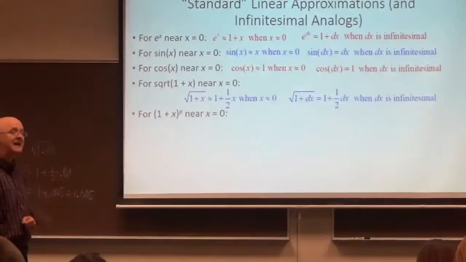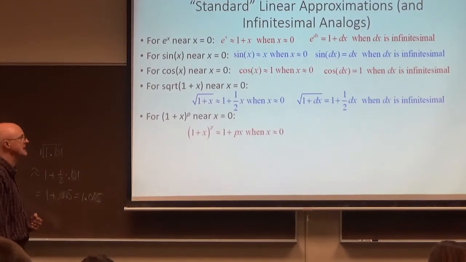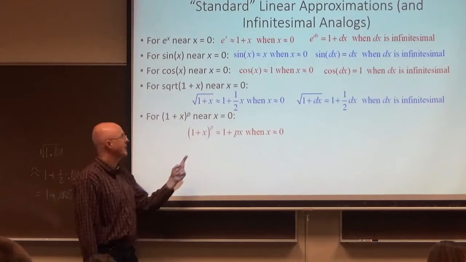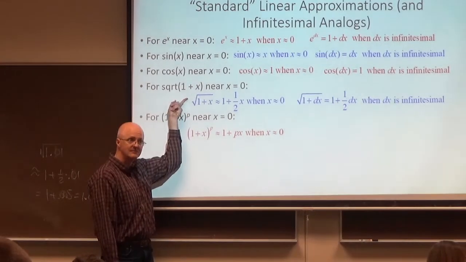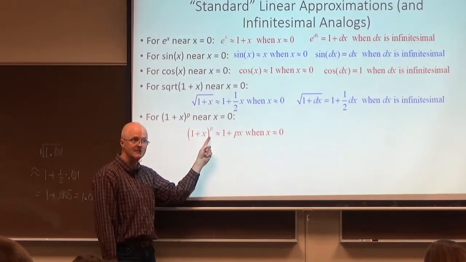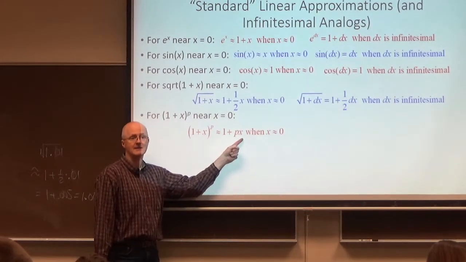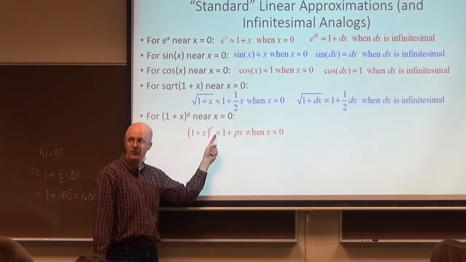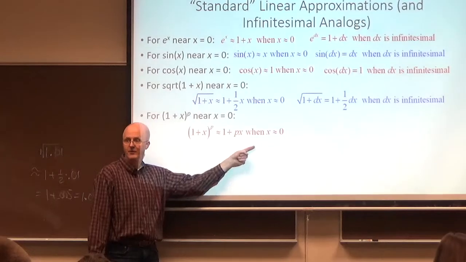1 plus x to the p, where p could be any, well, let's take it to be a positive number, any positive number. Turns out to be approximately 1 plus p times x. And when p is 1/2, that would match this one. When p is a third, so you're taking the cube root of 1 plus x, you get 1 plus 1/3 x. If p was 1/4, so you're taking the 4th root of 1 plus x, you get 1 plus 1/4 x.